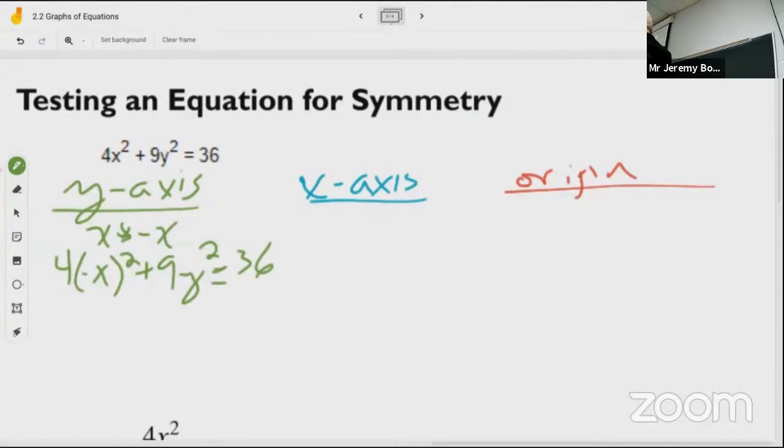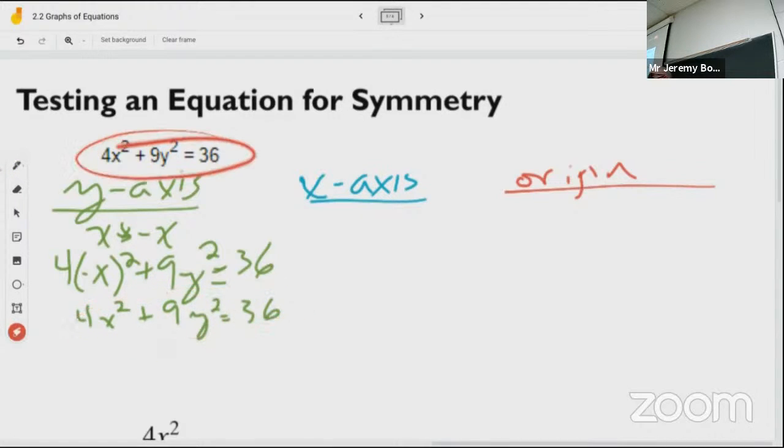And we're going to have that negative x squared, that's just going to evaluate to be x squared. So we end up with 4x squared plus 9y squared equals 36, which matches our original equation. So yes, it's going to be symmetric with respect to the y-axis. Any questions on that part?